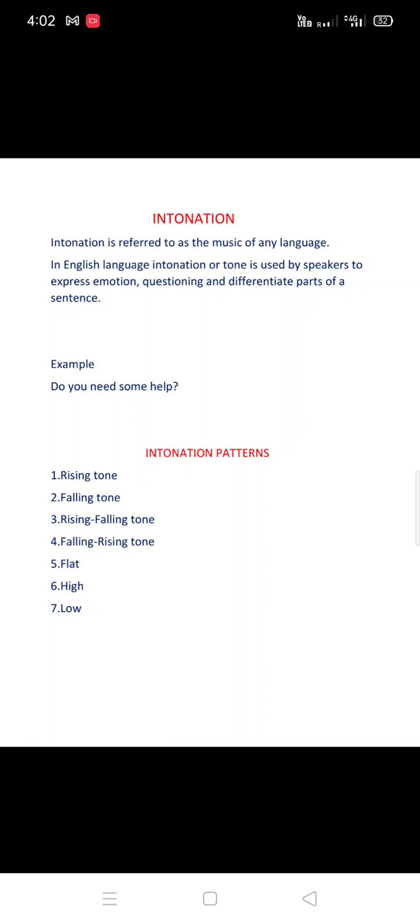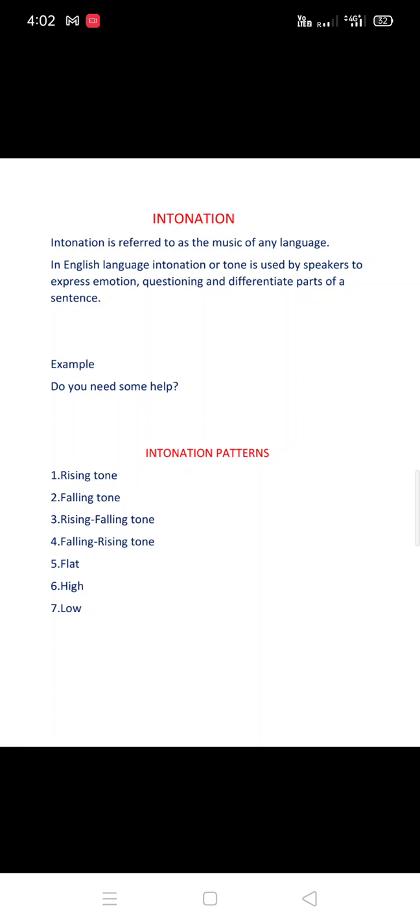Now why am I calling intonation the music of any language? Because intonation is regarding pitch, or tone.